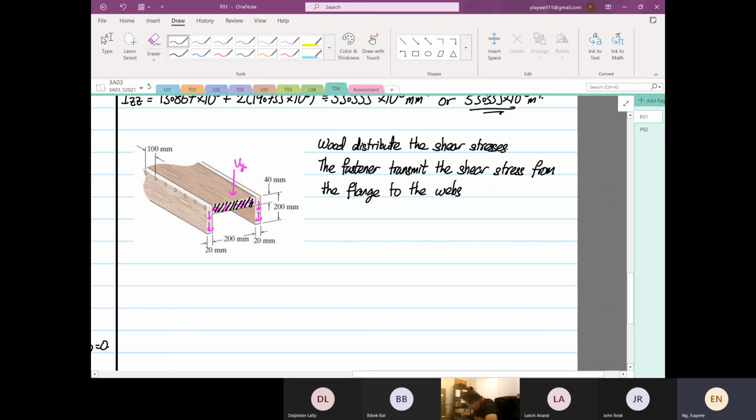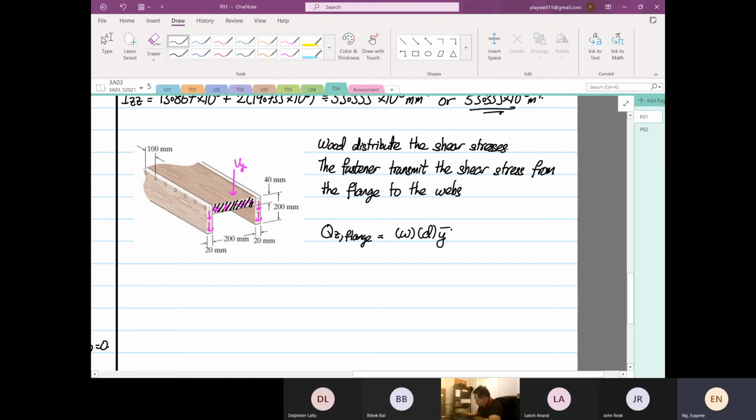Right, so we know that Q, the first moment of area of the flange, will be equal to width times depth multiplied by y bar, okay?